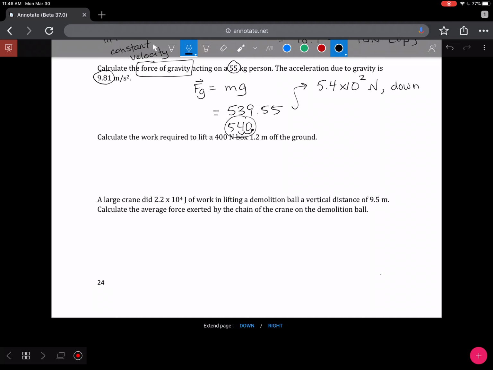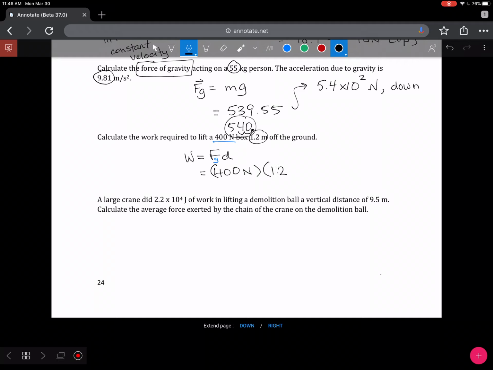Calculate the work. So work is Fd. These are scalars, so you don't have to worry about direction. 400 newtons, that's the weight of the box. So the weight is actually Fg. And then the 1.2 meters off the ground, that's the height that you've lifted.